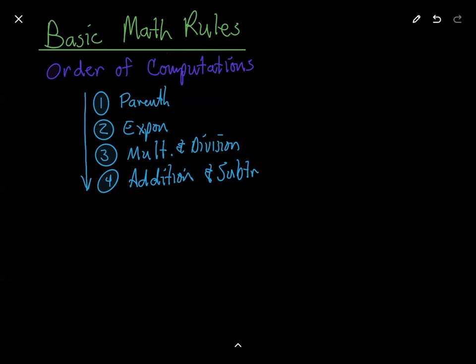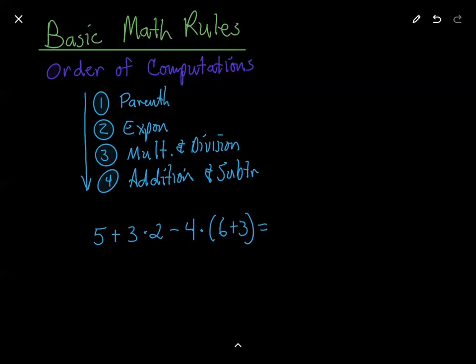To give an example of this, if I had, say, 5 plus 3 times 2 minus 4 times (6 plus 3), what does that equal?